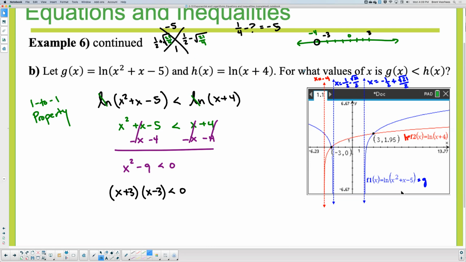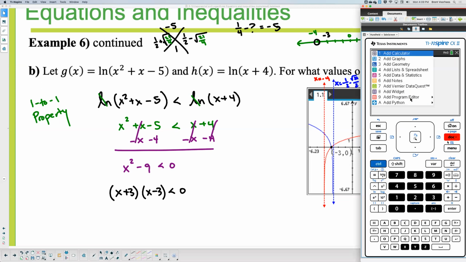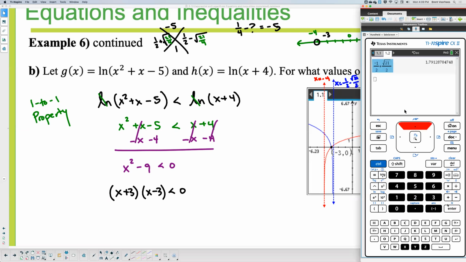I just took the square root of 4 there, is all I did. That's where these two asymptotes are, and I can do that math for you over here so you can see it. Control dot, new page, calculator, -1/2 plus the square root of 21/2, and the same thing again, but this time it's minus.